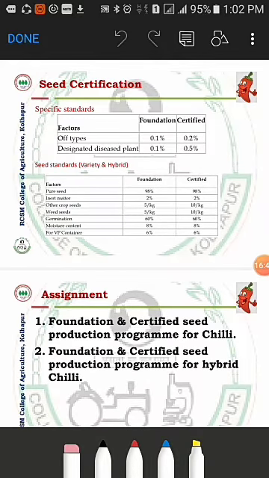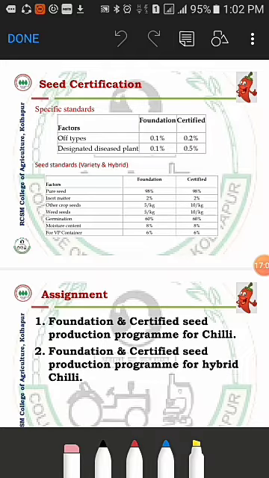There is an assignment for you: the foundation and certified seed production program in chili and in hybrid chili. First, the varietal seed production program: for foundation and certified seed production, the maintenance is there.